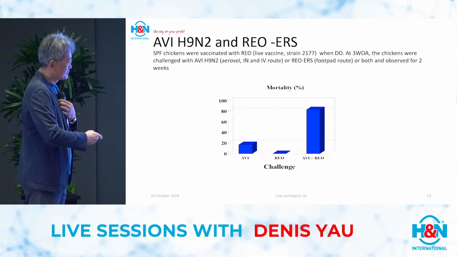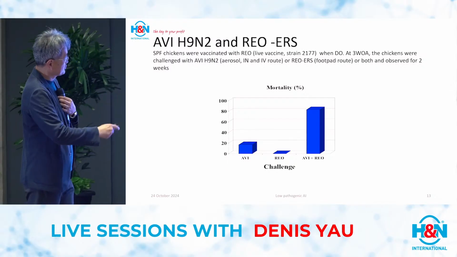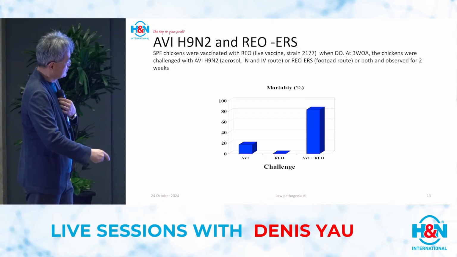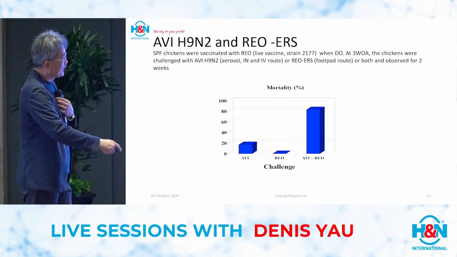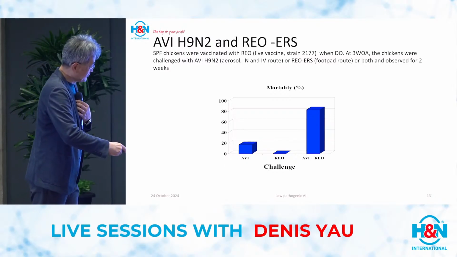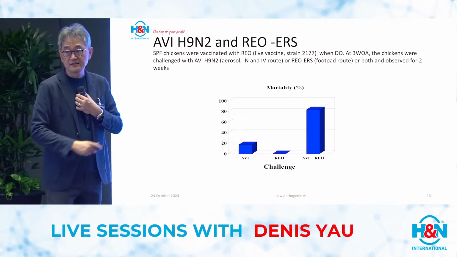We see some mortality. But with the Rio, because of vaccinations, we don't see any mortality. When you add this Rio on top of H9N2, you see 80% mortality.